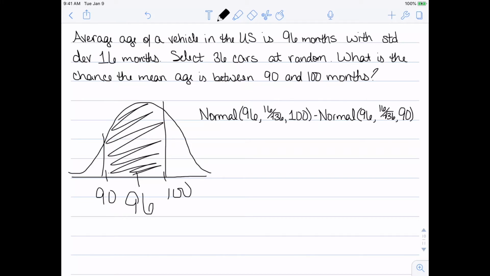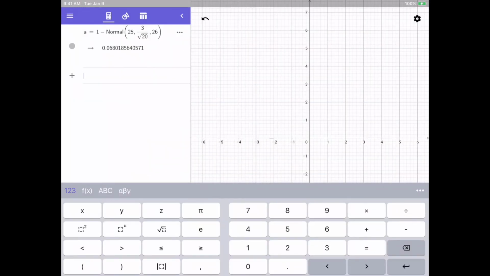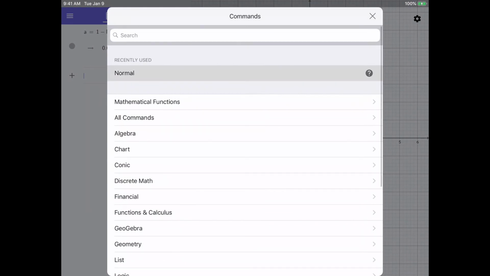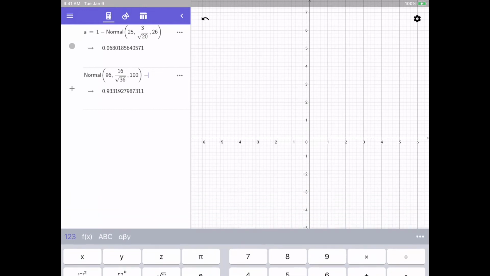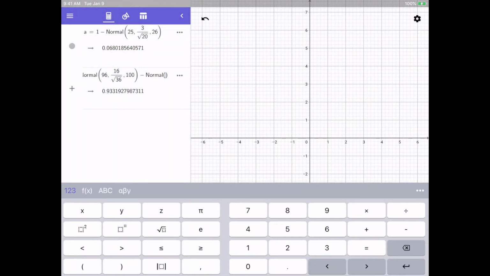So now we just need to type this into our calculator. I'm going to click the 3 dots, select normal. We had a mean of 96. Standard deviation was 16 divided by the square root of 36. And the first value was 100. We then subtracted. I'll go back into my menu and select normal again.